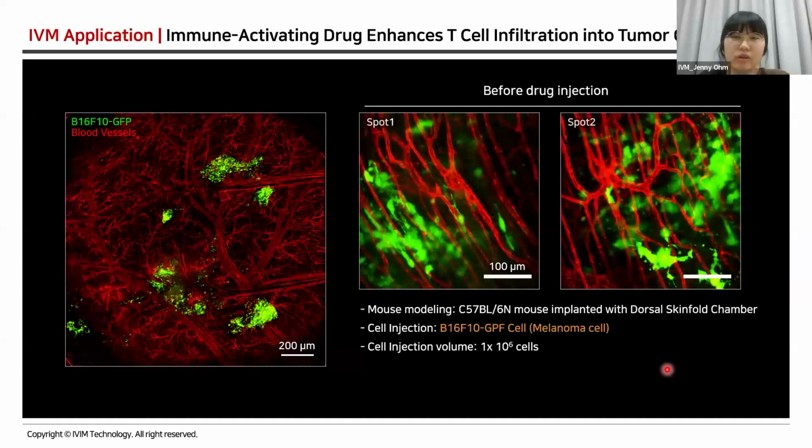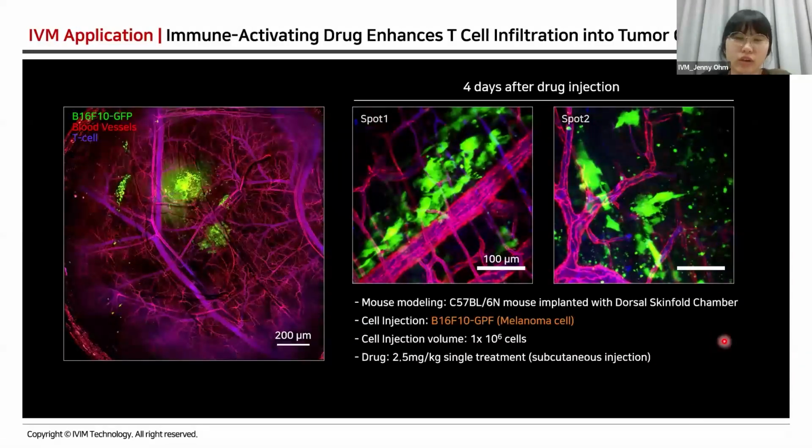Taking this into account, the next experiment was designed to evaluate the in vivo efficiency of an immunostimulatory agent. The slide you're viewing shows data collected before administration of the drug compound. In this study, wild-type mice were first implanted with a dorsal skin fold chamber and then inoculated with melanoma cancer cell line. The drug compound was then administered subcutaneously, and imaging was performed on day 4 post-injection.